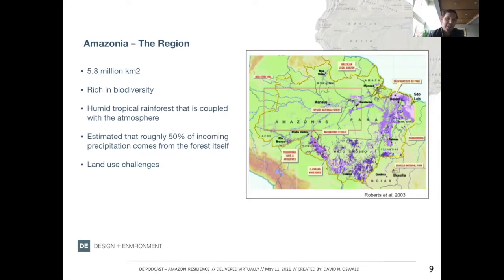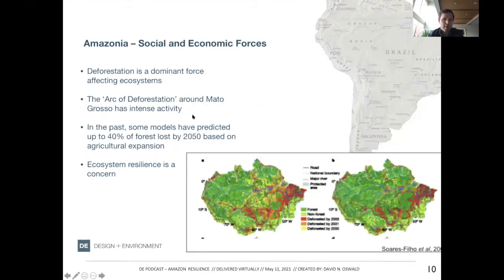So particularly in this state, Mato Grosso here, it's quite famous for that. It's quite famous for large scale agriculture. And therefore it's known as being a hotspot for land degradation. So social and economic forces, deforestation is a dominant force in affecting the ecosystems. The arc of deforestation around Mato Grosso has intense activity.